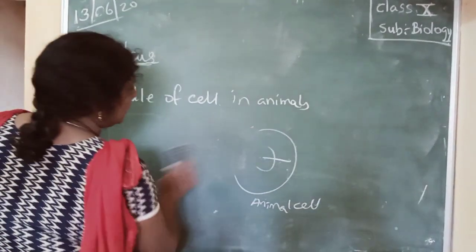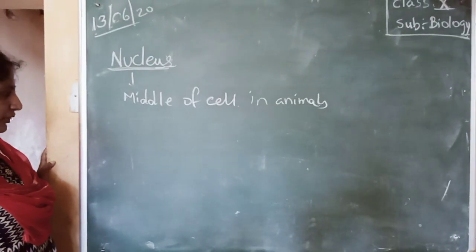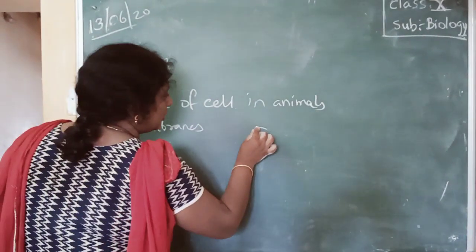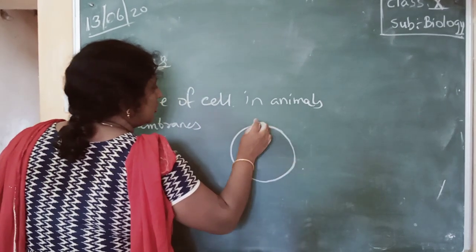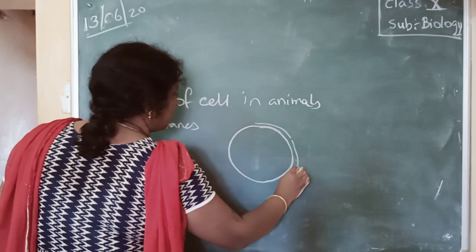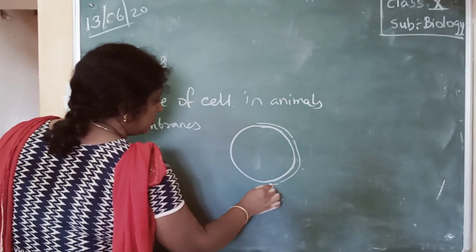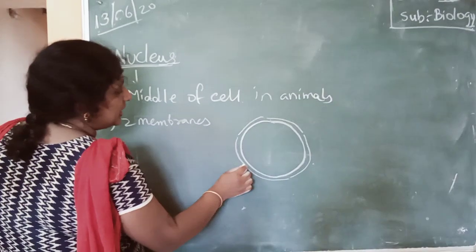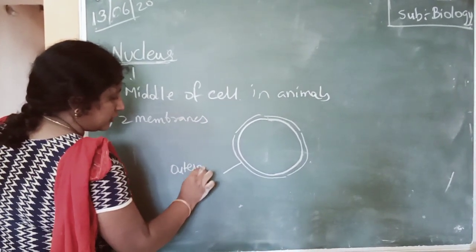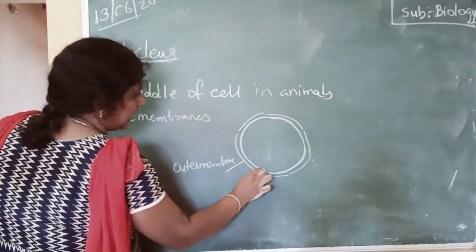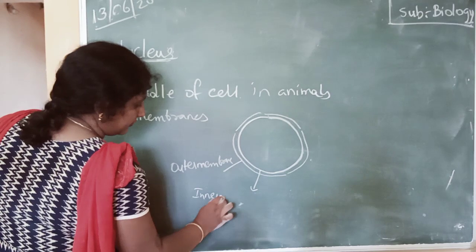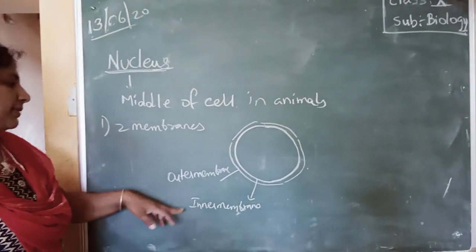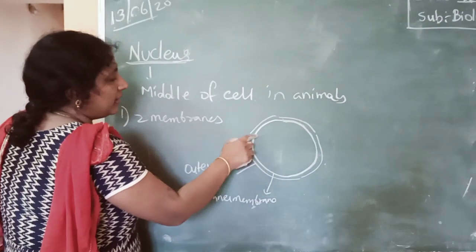Now, if you observe the nucleus, it is made up of two membranes, an outer membrane and an inner membrane.